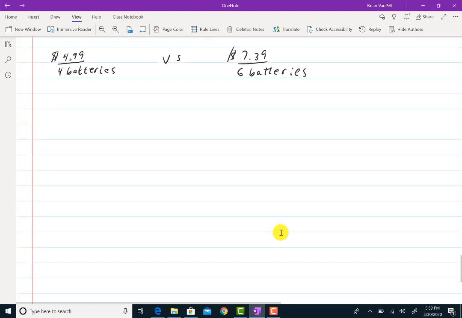Let's do the unit prices for each of these. So for the 4-pack, I'm going to have 4 into 4.99. 4 goes into 4 once. 4 minus 4 is 0. I bring down a 9.